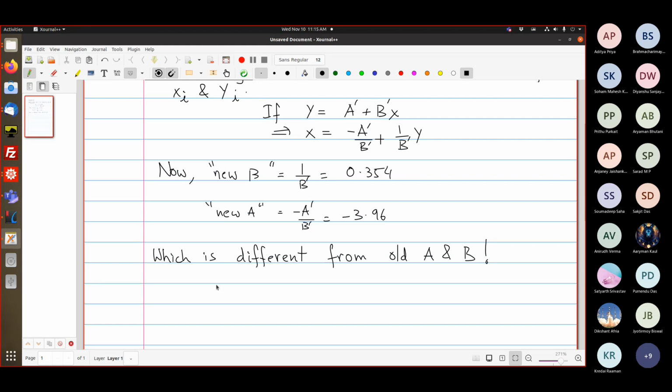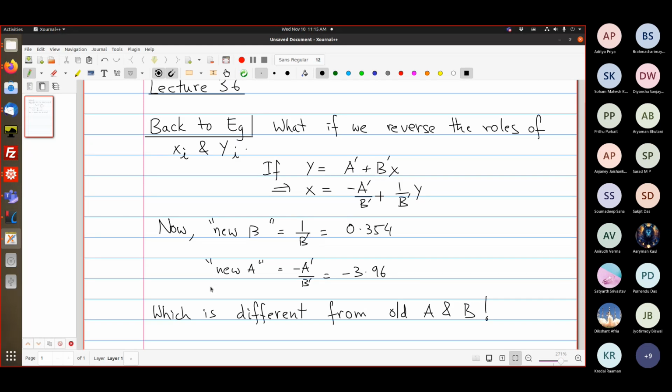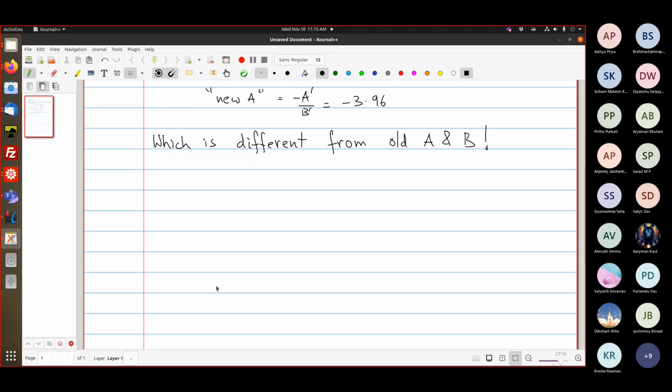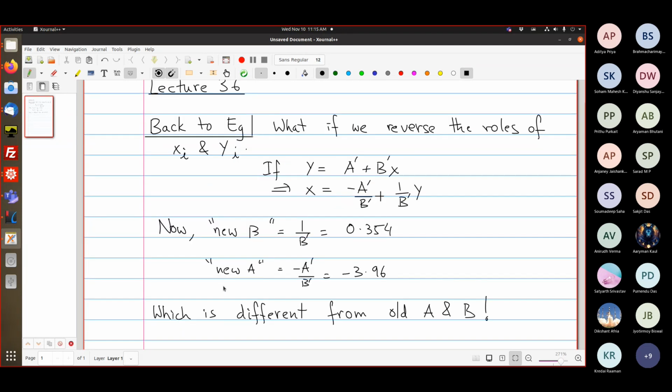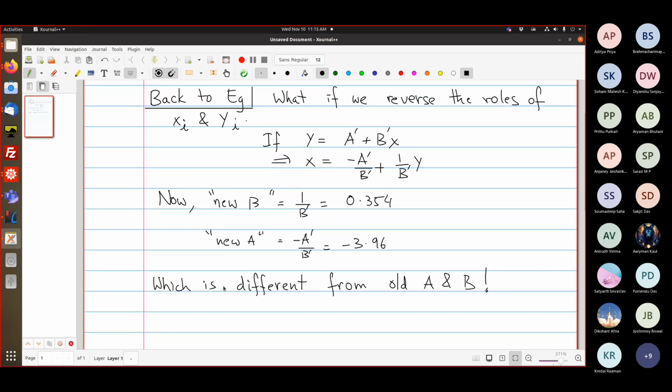Okay, so there is a lack of symmetry, and this is not completely unreasonable, because one is a dependent variable and one is an independent variable. So you should not a priori expect any symmetry, but this is something to notice.